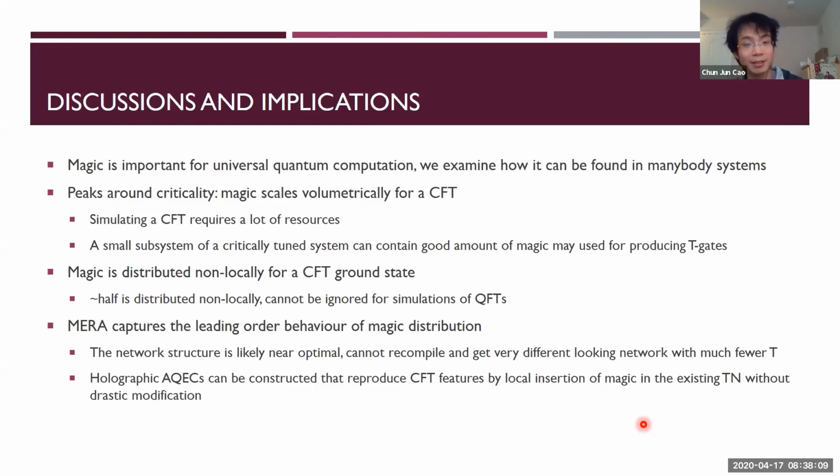We also learned that magic is not locally distributed in a conformal field theory. So in fact, if you believe the MERA picture, around half of it is distributed on a scale that you cannot remove using, say, 1 or 2 local unitaries. So they are actually really important and cannot be ignored.